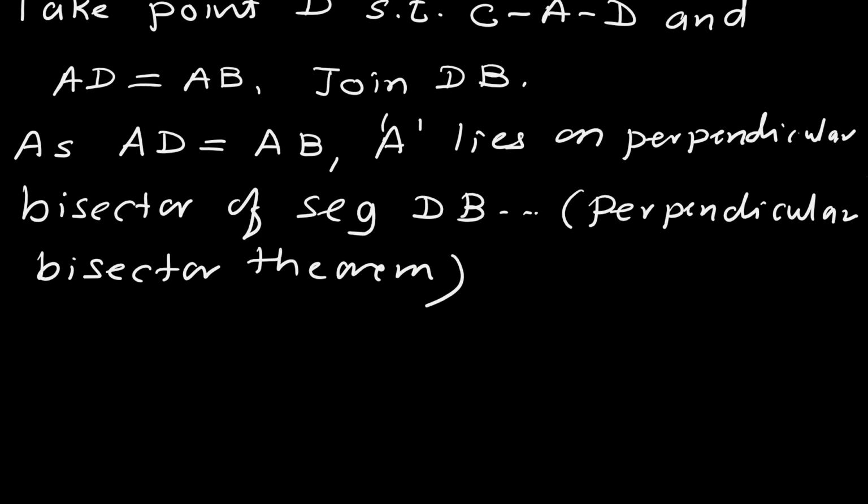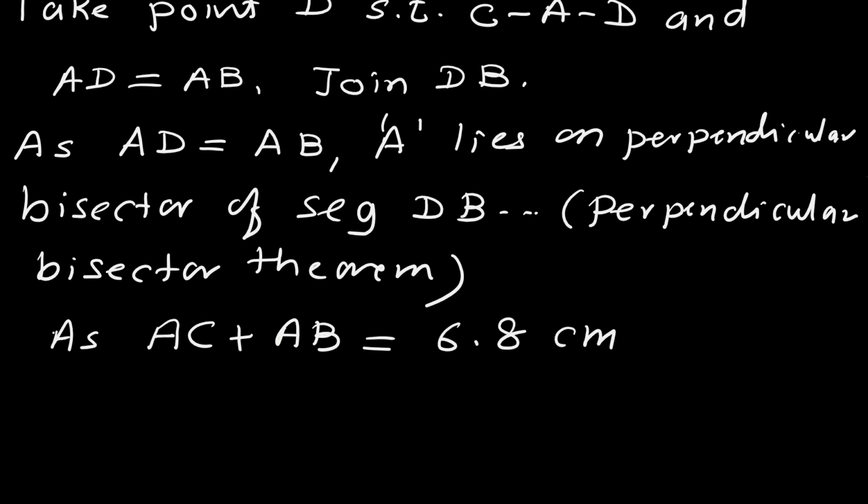Now the last part of analysis. What is given? We calculated that. AC plus AB is equal to 6.8 centimeters. So AC plus AD is also 6.8.